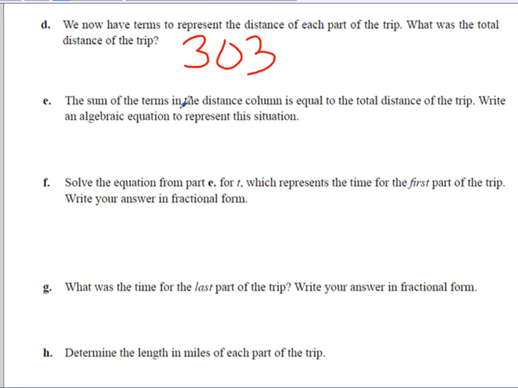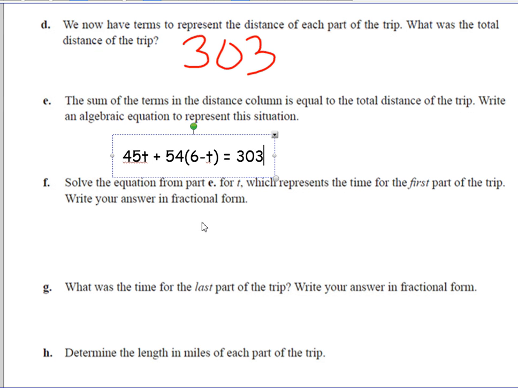So the total equals the distance of the trip. We already wrote our equation, but let's copy it here. So we had 45t plus, space there to help see that, plus 54 times 6 minus t, and that will equal 303 miles.